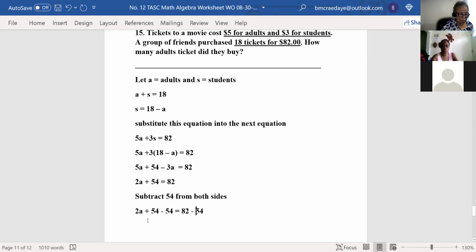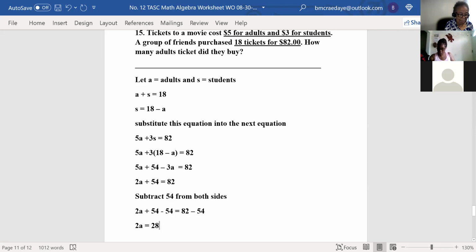So you'll have 2A. And what would 2A be equal to? 54 from 82 gives you what? 28. That's right, 28. So you know the answer now.